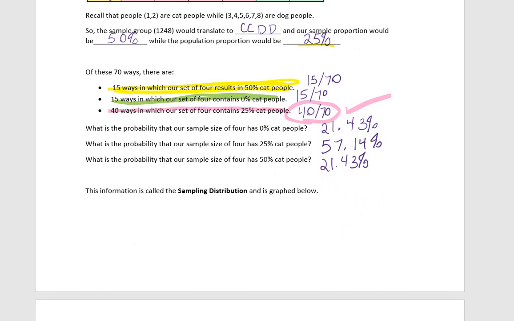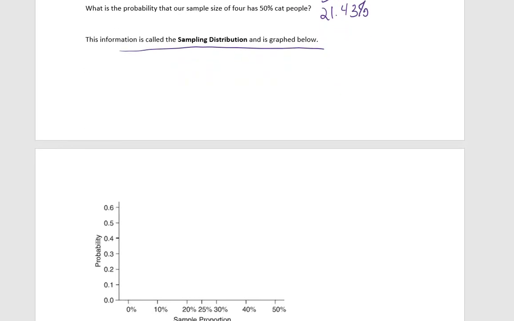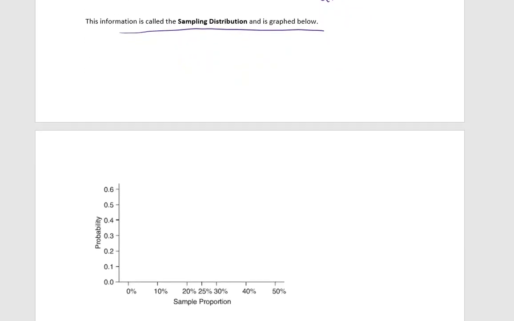So what does this mean? Well, if we drew a histogram with all our possible samplings, which is called the sampling distribution, here's what that would look like. Is the probability that we get 0%, okay, remember that's about 21%. Probability we see 25% is 57-ish, and 50% is this.